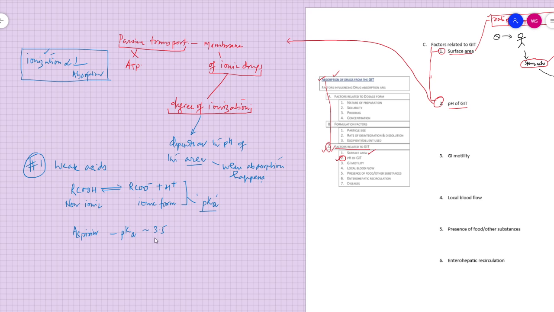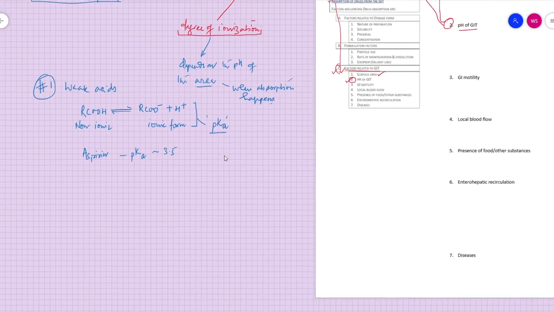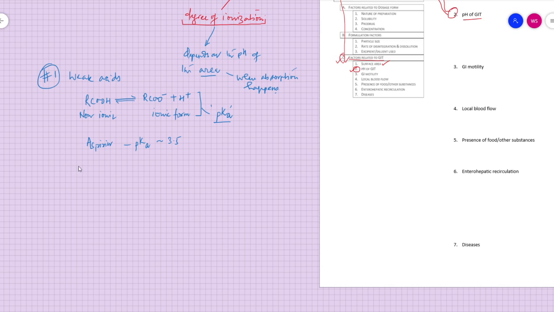So for weak acids, let me just write it down again.